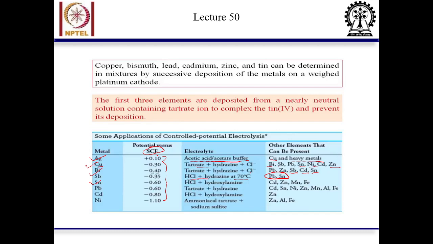Okay, I think Sunil, did you get it? What is the application of the controlled potential electrolysis technique? Which metal you are going to deposit, you have to identify what the other elements are, how you can mask the other elements and deposit selectively the metal of your choice.